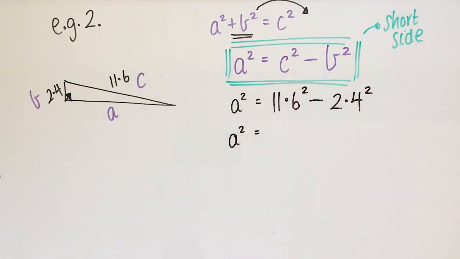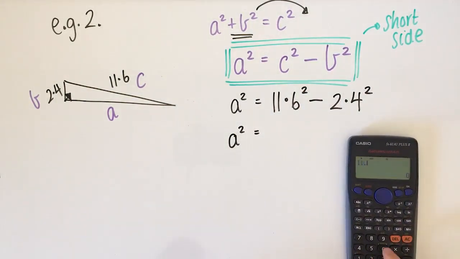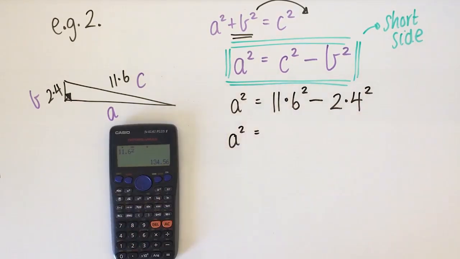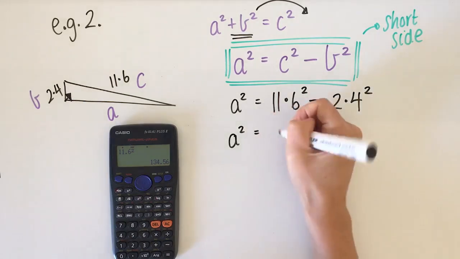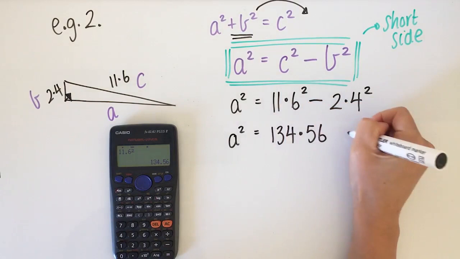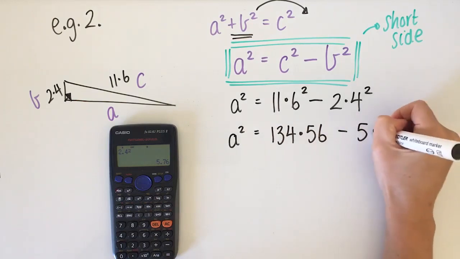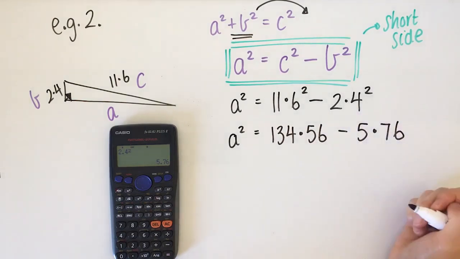Next step, we need to do the actual sum. So 11.6 squared, I don't know what that is, so I need to use my calculator. That's going to be 134.56 minus 2.4 squared, 5.76.